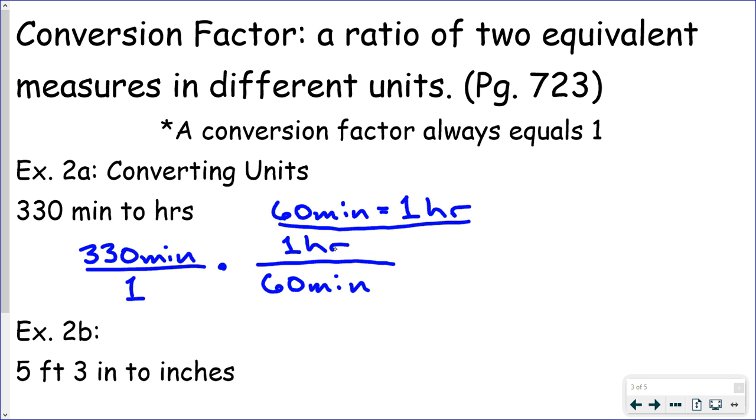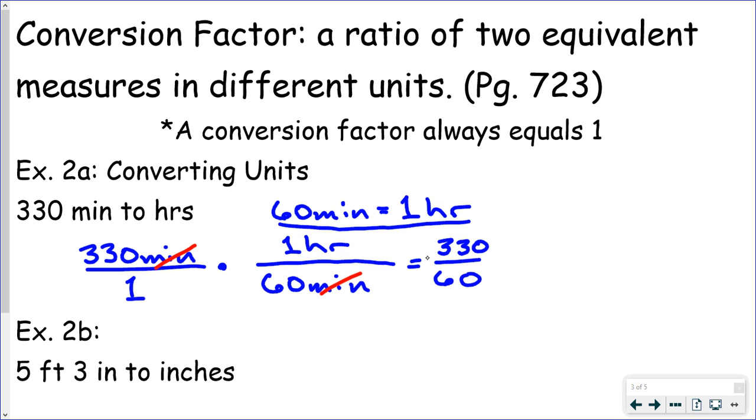All I'm doing is taking this conversion factor and plugging it in here. The way I know which way to plug it in is by making sure the same units are always diagonal. The reason I do that is because I want to cancel out the minutes and be left with the new units of hours. Now if you multiply this across, you get 330 over 60, and you can see it's telling you that you need to divide.